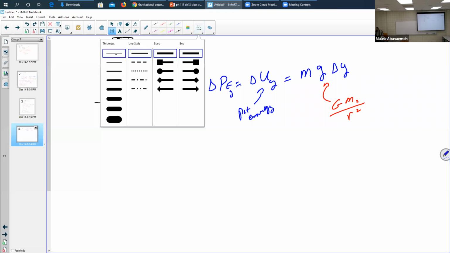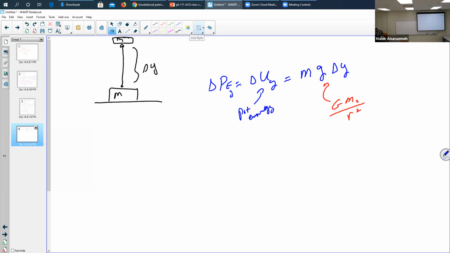That means your gravitational potential energy is going to equal your mass, which is the same mass over here, right?